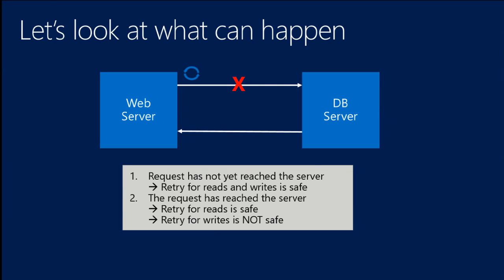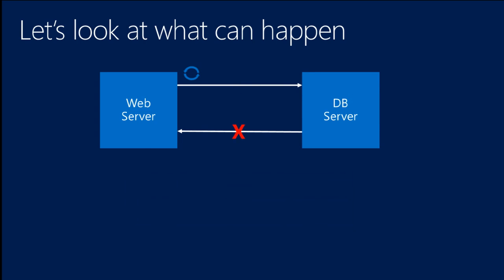The interesting part here is once your request actually reaches the server and the server starts to execute something, then all of a sudden it is not safe to retry any of the writes anymore, because you simply don't know what has already happened or not. If you do a write and then just retry this write, you might insert data twice, and so obviously you corrupt your own data.